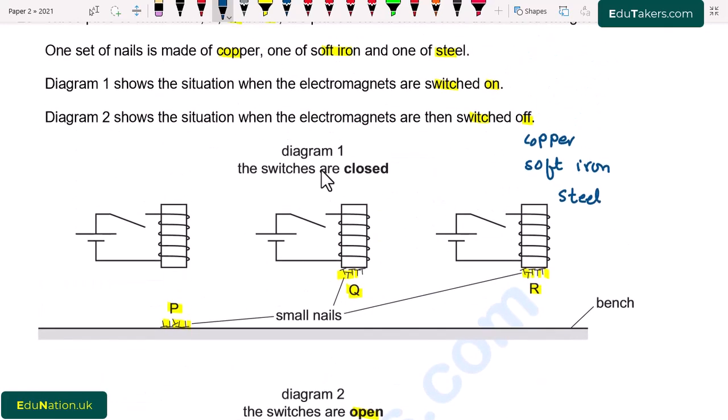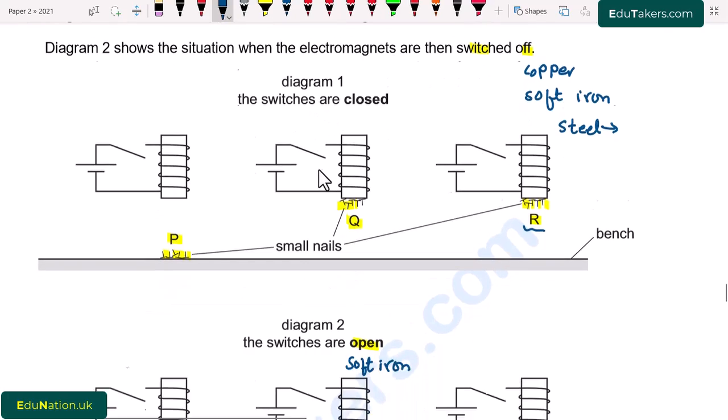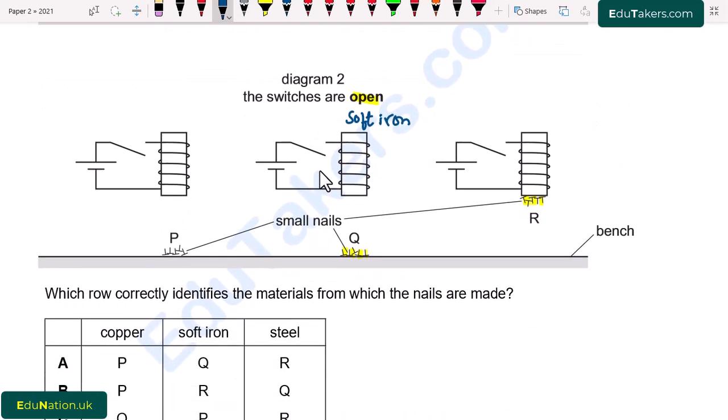For the steel, when we pass the current, there will be magnetization similar to the soft iron, which is shown by the nail R when the switches are closed. But when the switches are open, R is still attached to the magnet. It means that there is still magnetization when the current is not passing through it.